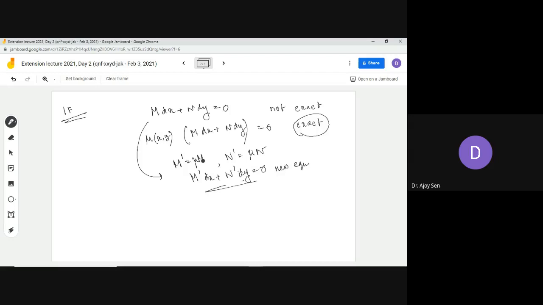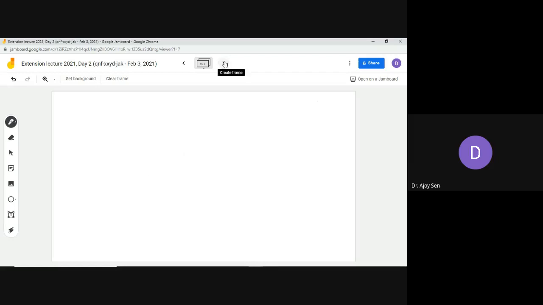Before going further into integrating factors, let me tell you that there are separable differential equations.